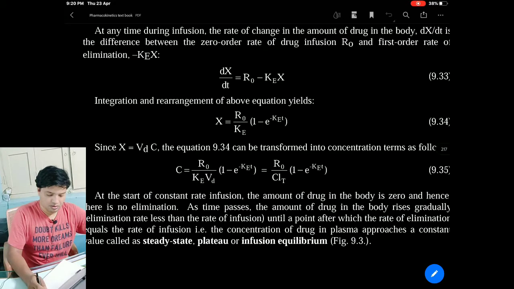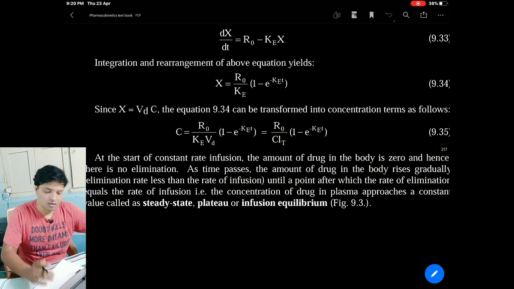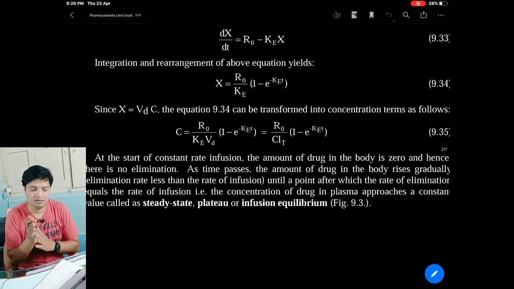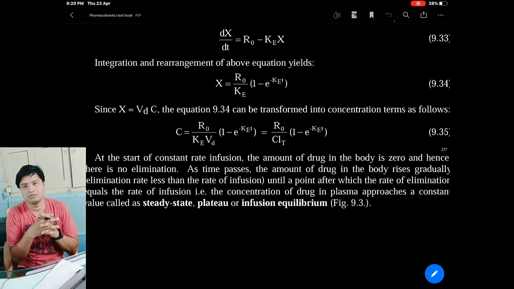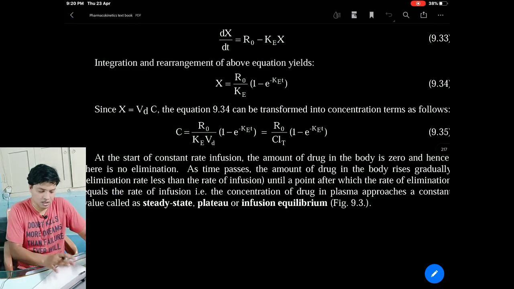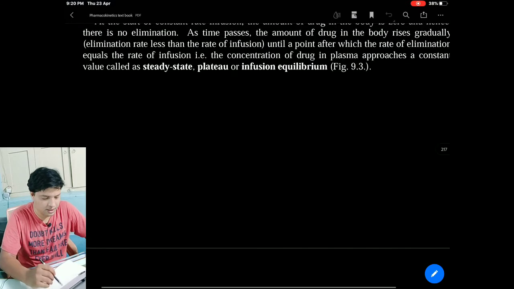So we got this equation here. Now we try to see the graph, which will derive the equation for continuous infusion, to get the steady state.